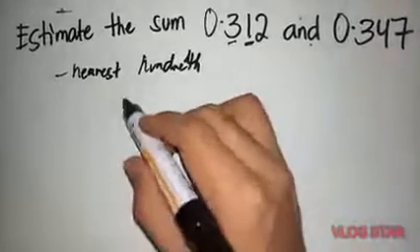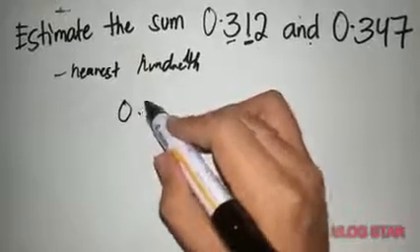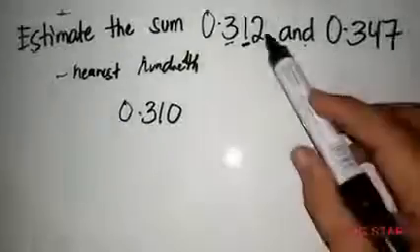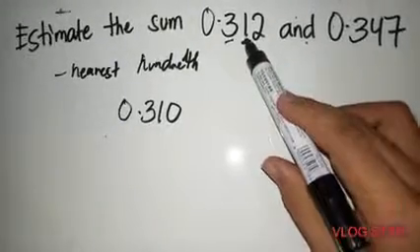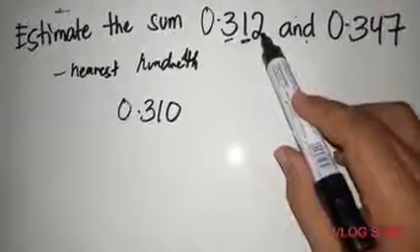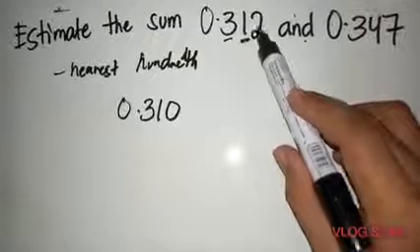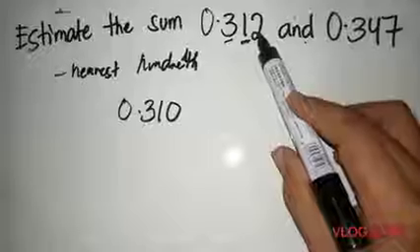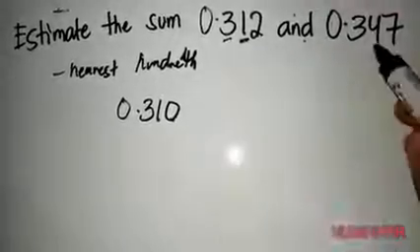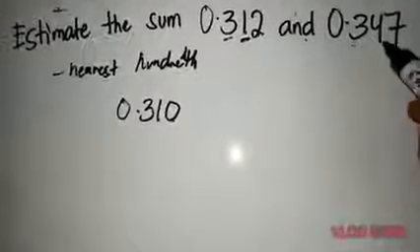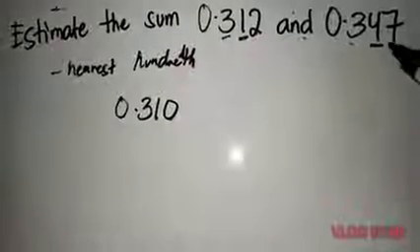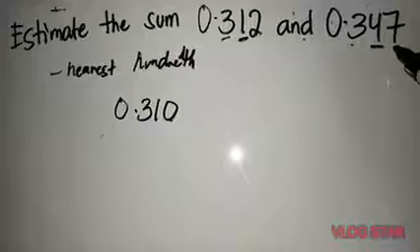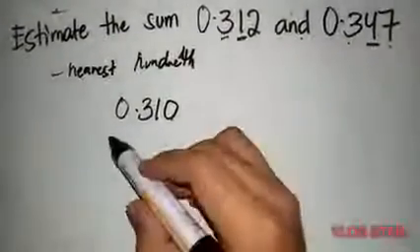So if we're going to round it, 0.310. Round it down because the digit next to 1 is 2, which is less than 5, so round it down. The next is tens, hundreds, 4, and the digit next to 4 is 7, greater than or equal to 5, so we will round it up.